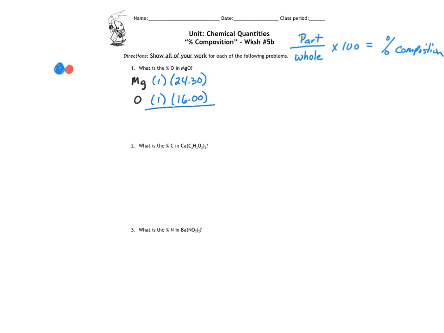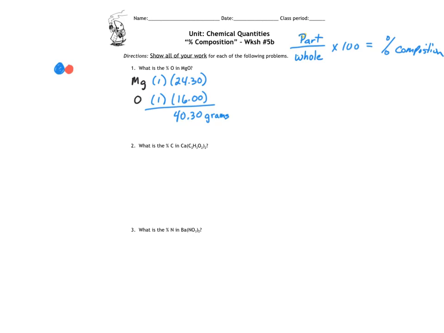So I'm going to add these up together. 1 times 24.30, of course, is 24.30. And then 1 times 16 is 16. So let's add these up together, and you're going to get a total mass for the whole thing of 40.30. And that's going to be grams because we're dealing with a molar mass.